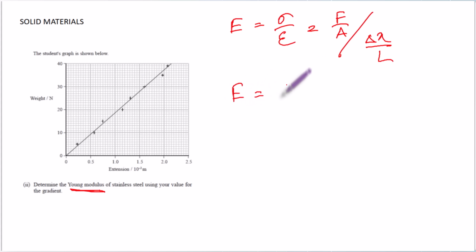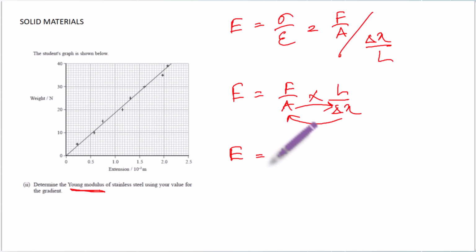So Young modulus equals F by A times, this will get reversed, L by delta x. Now you do a flip, as in position swap. Bring delta x over here and A over here. So Young modulus equals F by delta x times L by A.